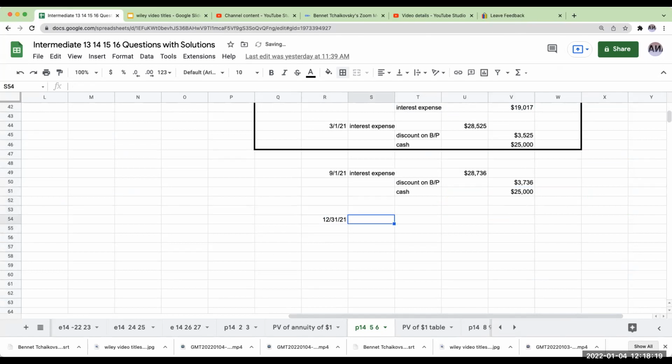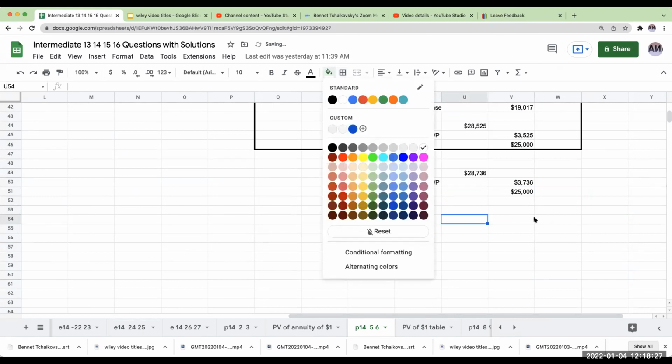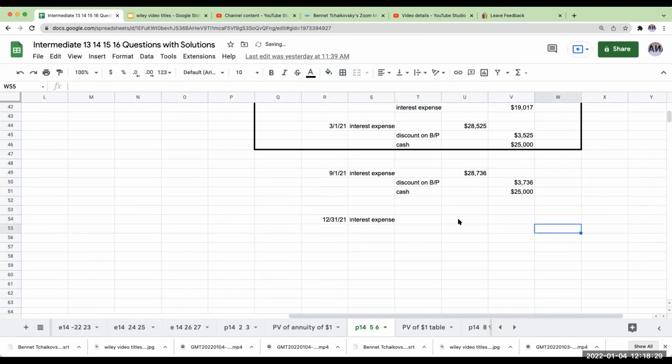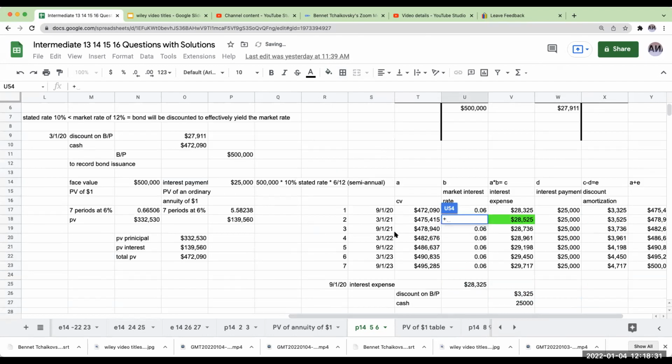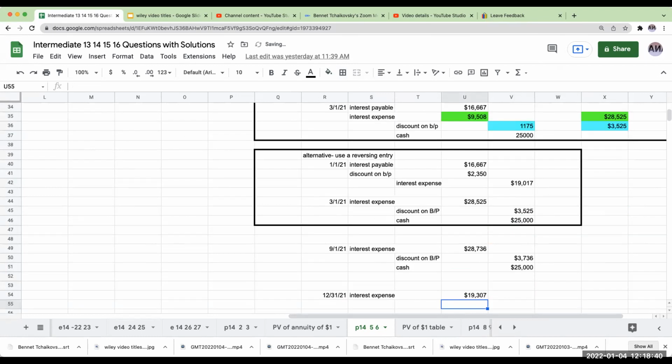what do I go through and do? Well, my interest expense is going to be my 3/1/22 amount times 4/6, or September, October, November, December.